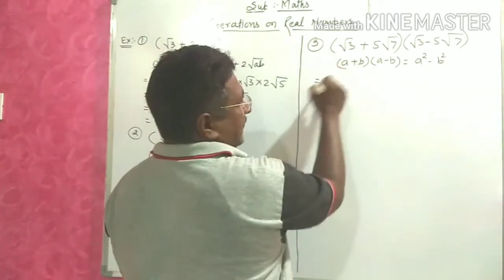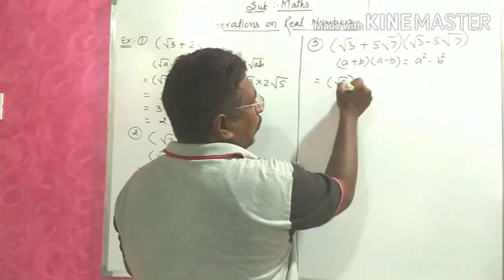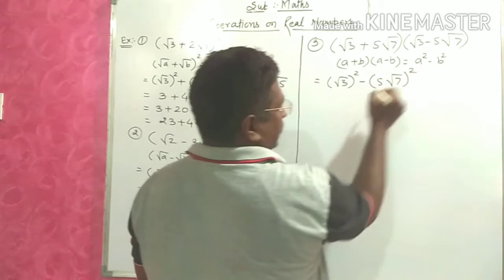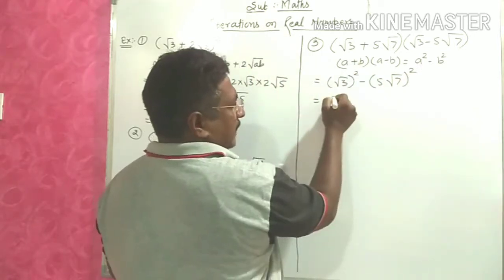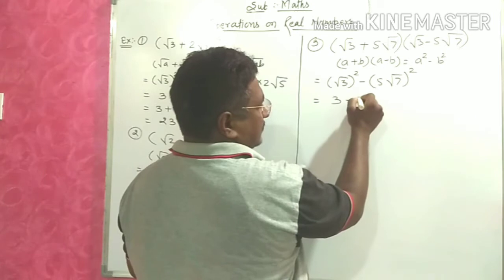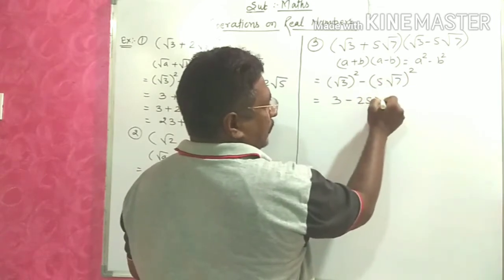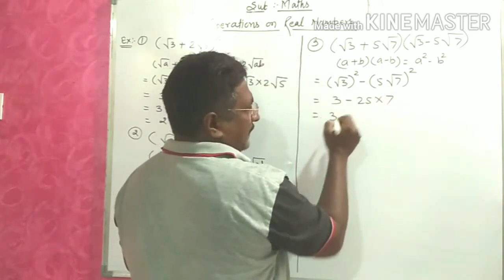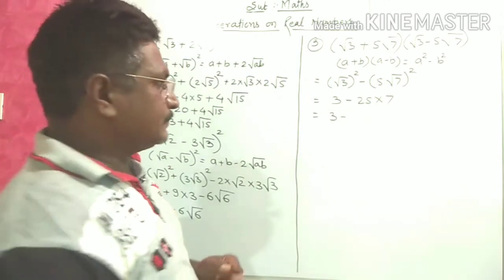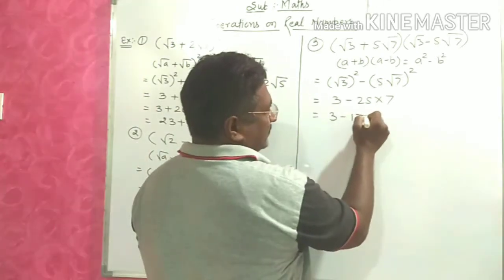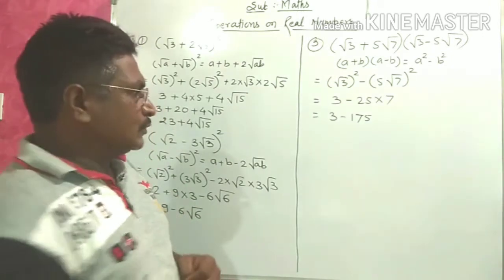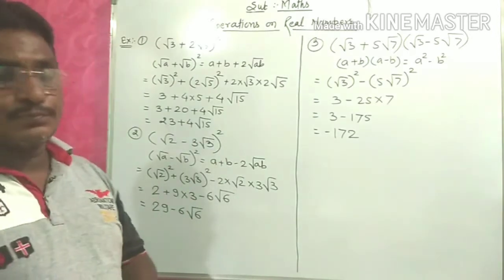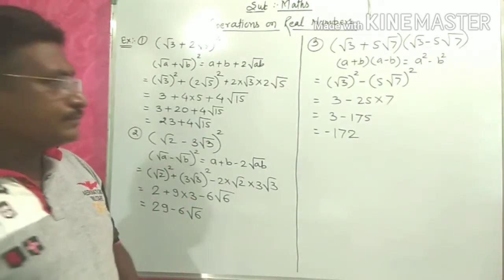So according to this identity, we get (root 3) whole square minus (5 root 7) whole square. Root 3 square means 3, minus 5 square is 25 into root 7 square is 7. So 3 minus 25 sevens are 175. So the answer is minus 172. Understood, student, how to solve?